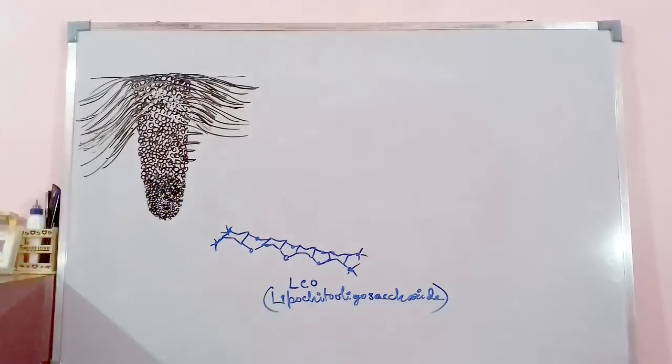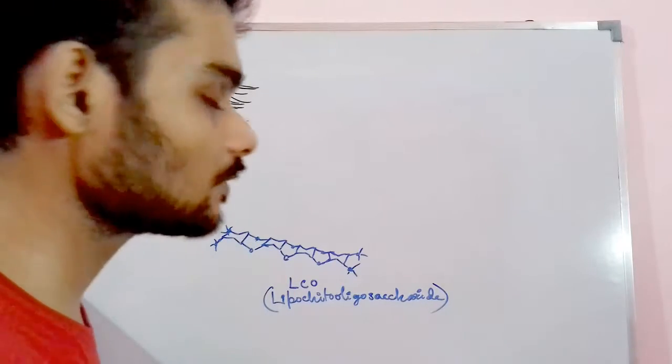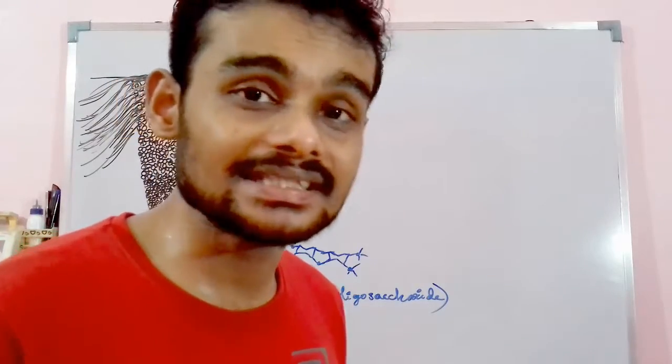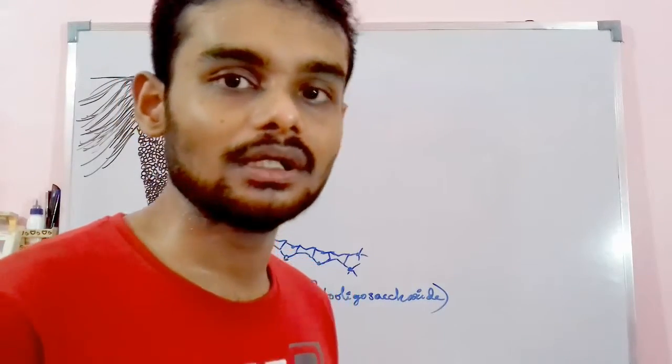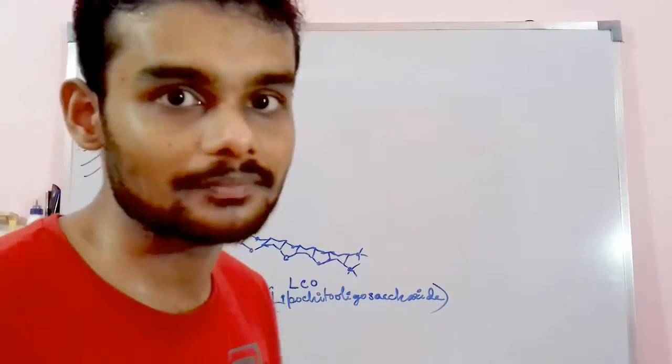Now, in this case, the NOD factor is actually this lipochitooligosaccharide, which has an acetyl group along with a chitin backbone that's present in the body of the nitrogen fixing bacteria like Rhizobium and all those species.